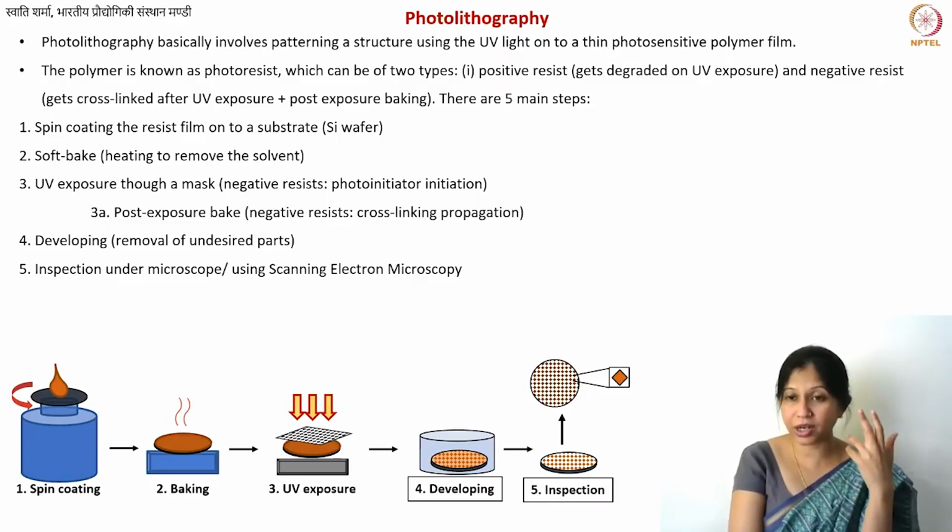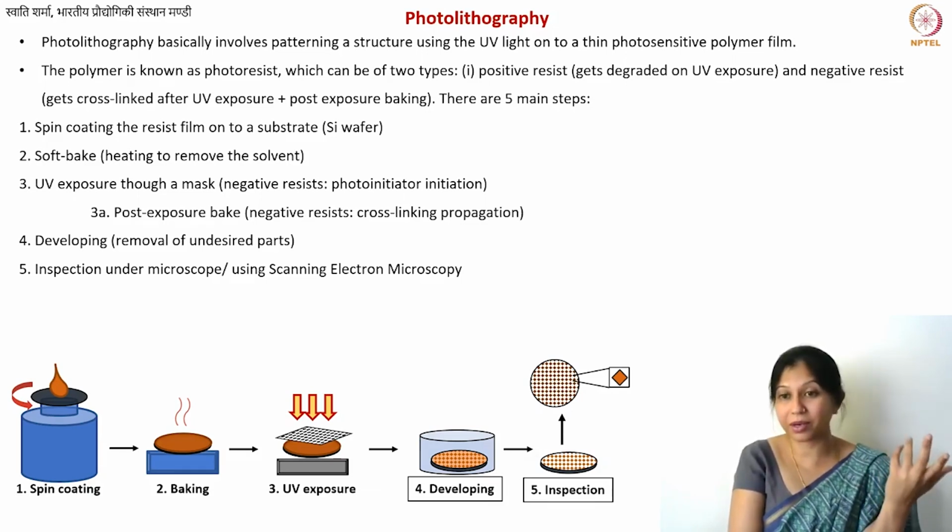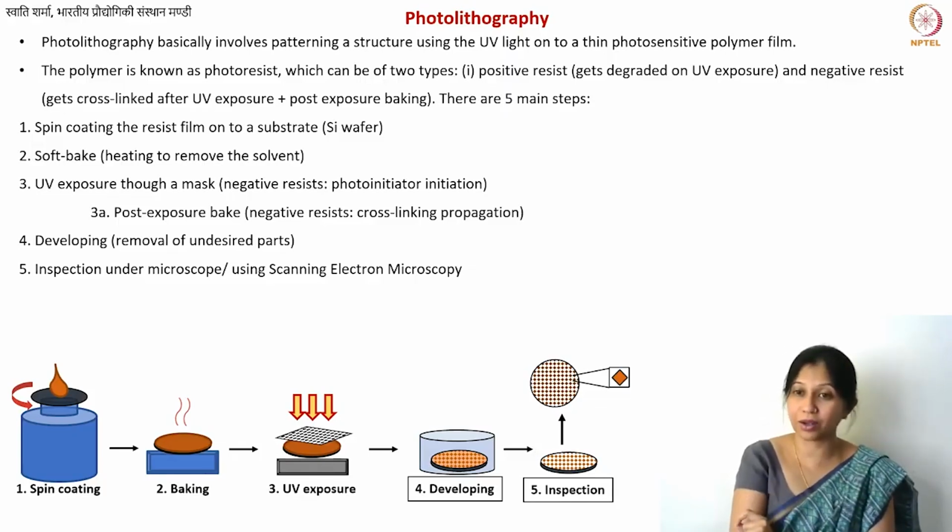I don't like to use commercial names, but there is a type of photoresist which is known as SU8. I'm using this name because this is the polymer that is known to give you a good quality glass-like carbon, or carbon that is very similar in properties to commercial glassy carbons. Okay.